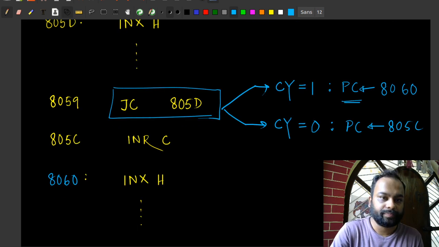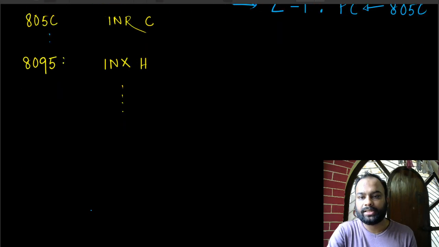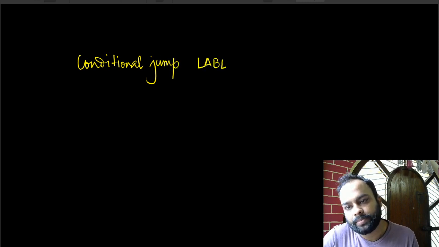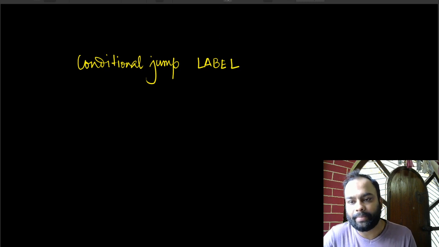Okay. So in a sense, this is how conditional jumps really work. The instruction is some conditional jump to a certain label. So label is nothing but an address, right?